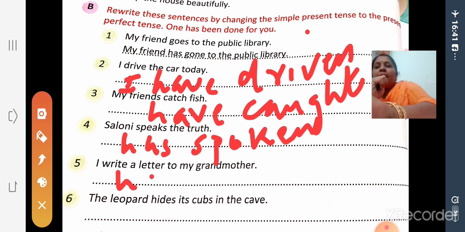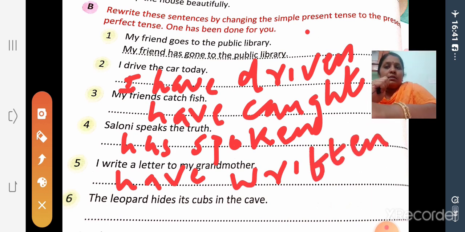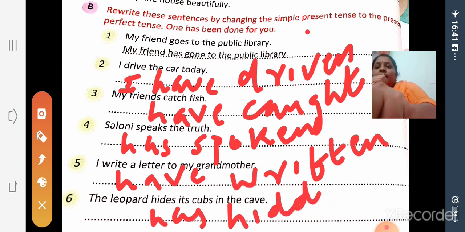I have written. അപ്പം നമുക്കിവിടെ written. I have written a letter to my grandmother. Then the leopard hides its cubs in the cave. The leopard singular ആണ്, has hidden its cubs in the cave.